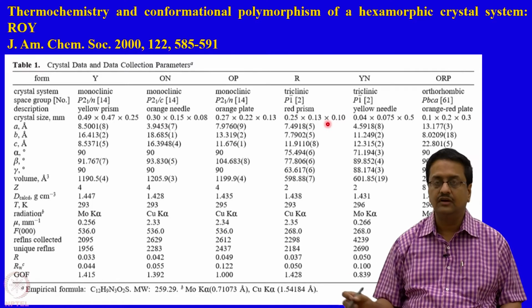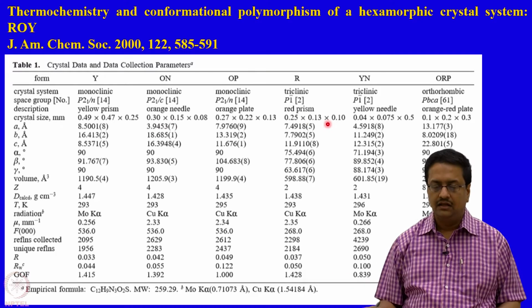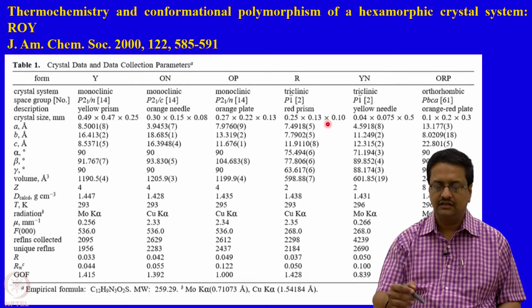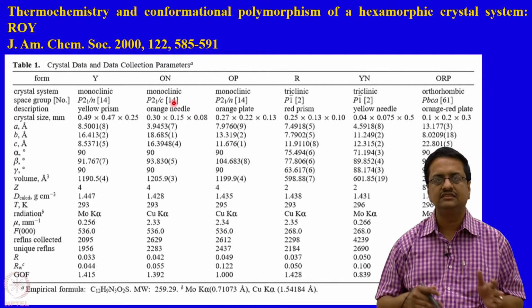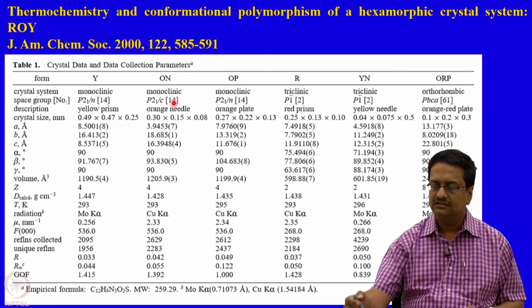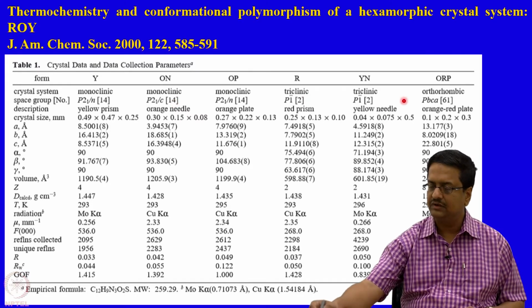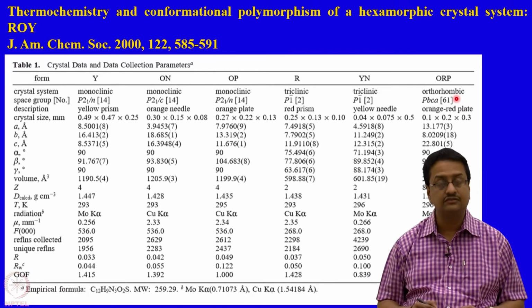This is the well known classic example of a particular compound ROY, which has 6 different polymorphs with different colors, and what you can see here is that the space groups are either P21/n or P21/c, which are interconvertible. Some of them have the P-1 space group and some have the Pbca space group.